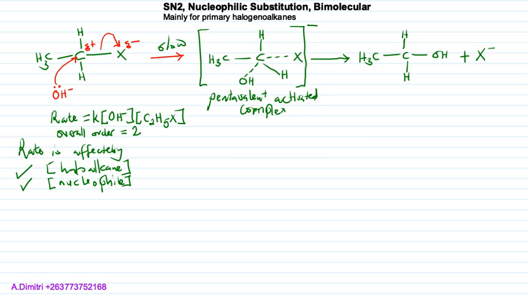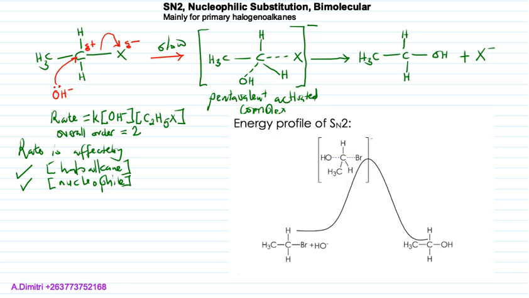Then the energy profile will look like this. So this is the energy profile for SN2. We only have one step, and at the climax of the energy profile we have the activated complex.